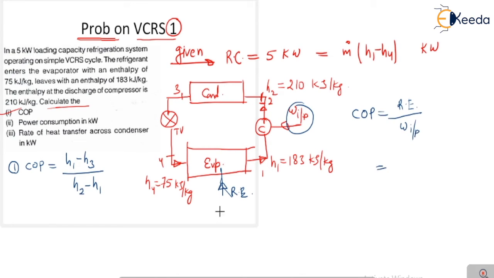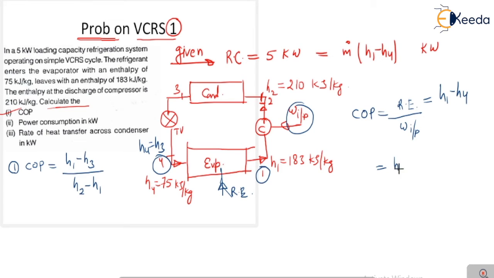So my dear friends, what is the value of refrigeration effect? This refrigeration effect is H1 minus H4, and H4 is exactly equal to the S3. Here H4 is equal to S3, so RE can be written as H1 minus H4, and H4 is also equal to S3.